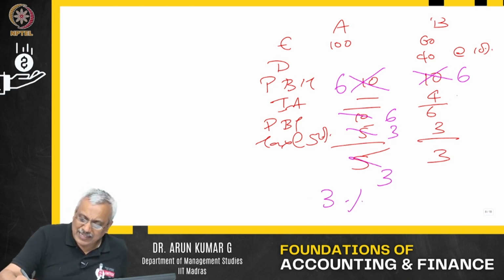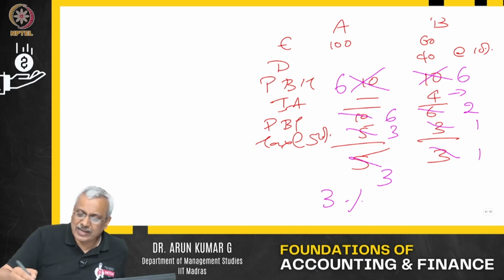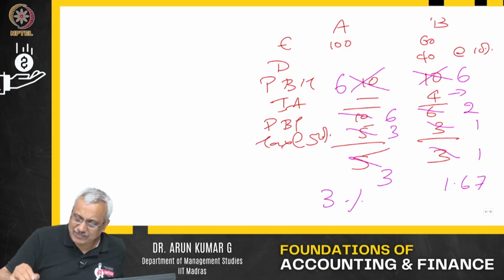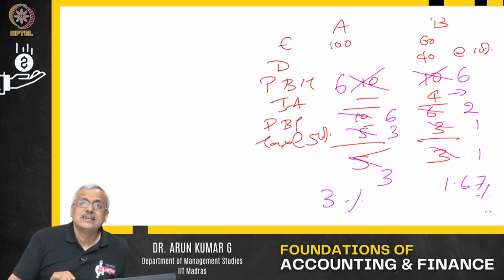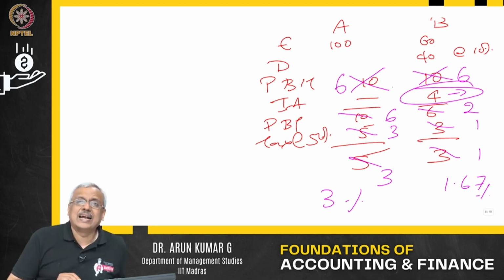In the other case, this $4 interest remains $4, the PBT becomes 2, PAT becomes $1. So what is the return? $1 on 60, 1 by 60, is 1.67%. The debt interest remains a constant.